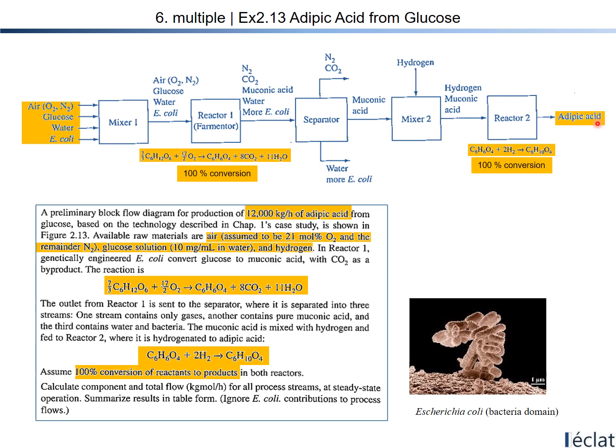Also in this reactor 2, we have assumed 100% conversion. Then we will calculate every unknown variable, for example, the muconic acid between the separator and mixer 2, by using process calculation. This is the main theme of this subchapter 6 about multiple units for calculation.